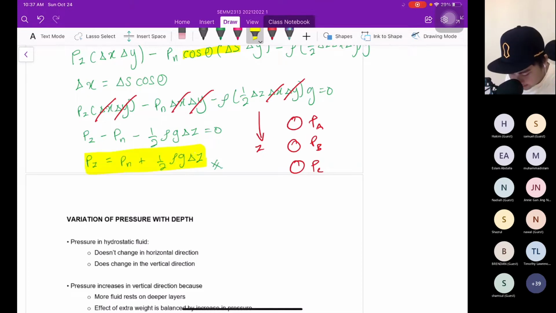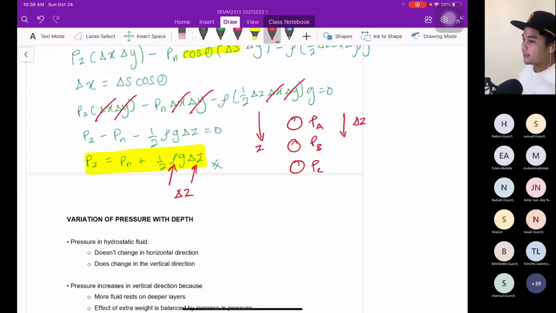The pressure in the Z direction is increasing due to the density of the water. Okay, you can see here, increasing due to the density of water as well as the depth, delta Z. The more depth, the pressure will increase.